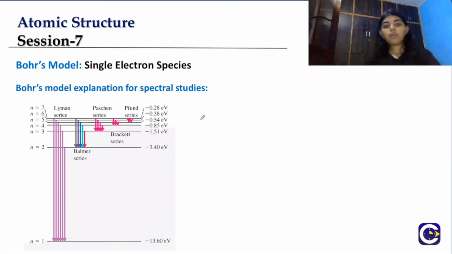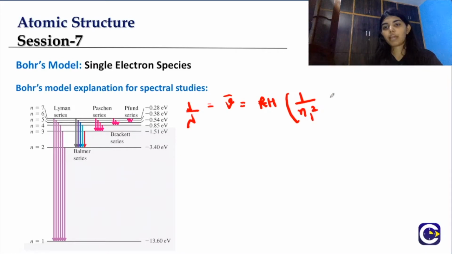Okay, so now using this particular formula, 1 upon lambda or nu bar, that is the wave number, the reciprocal of the wavelength, is given as the Rydberg constant into 1 upon n1 square minus 1 upon n2 square, where n2 will be greater than n1, right.